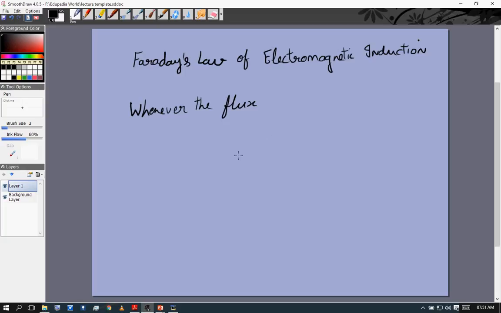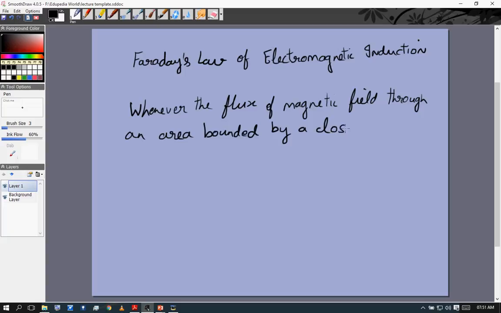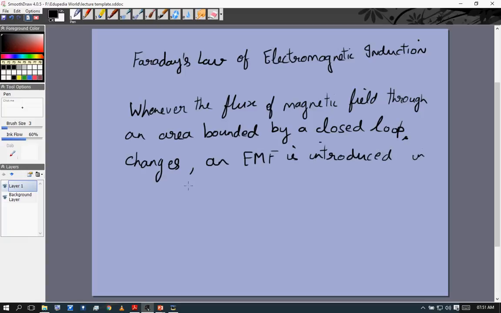So whenever the flux of magnetic field through an area bounded by a closed loop changes, an EMF is introduced in the loop.